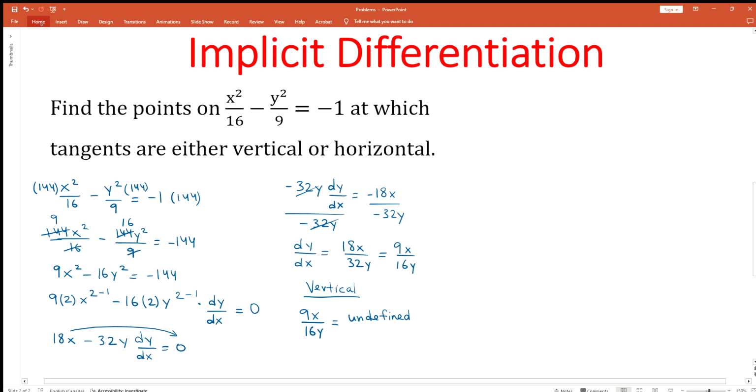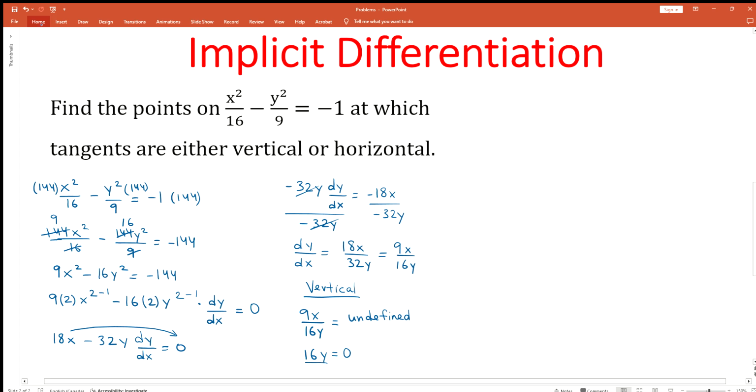The fraction 9x over 16y will be undefined if the value of its denominator is equal to 0. This is a very important concept we need to understand and memorize. So we should set the denominator expression 16y equal to 0 and solve for y to get the y coordinates of points at which the tangent is vertical.